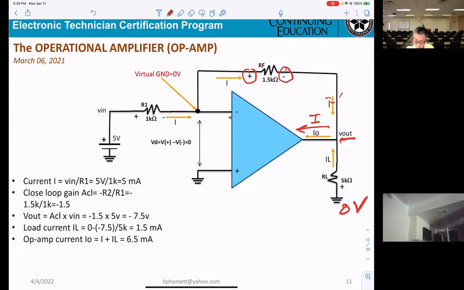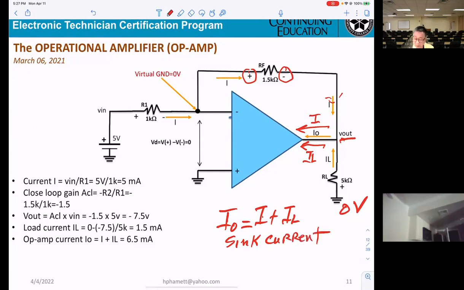When they go up to this point, they come in here. IL. So the output of the op-amp will be I plus IL. That's what we call a sink current. What does that mean? That means the op-amp pulls the current into the inside of the op-amp.